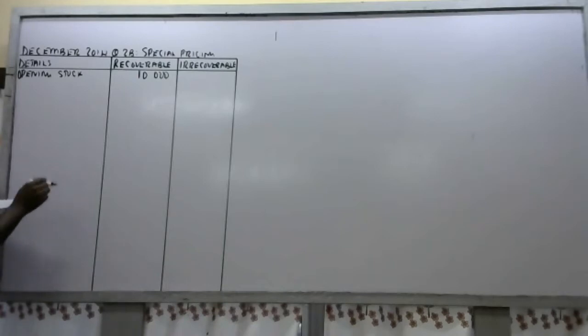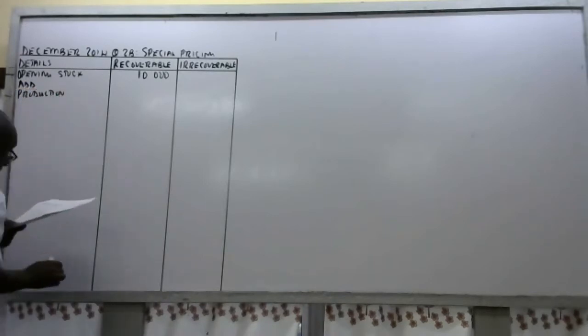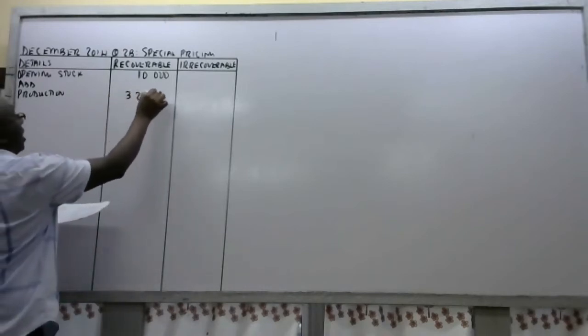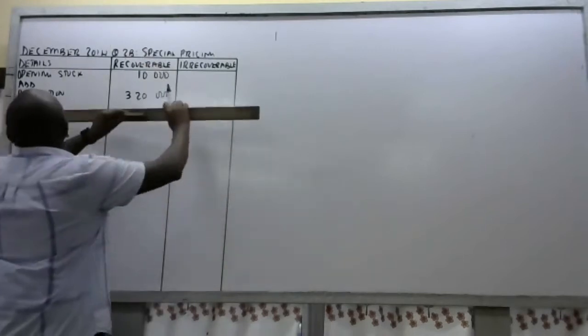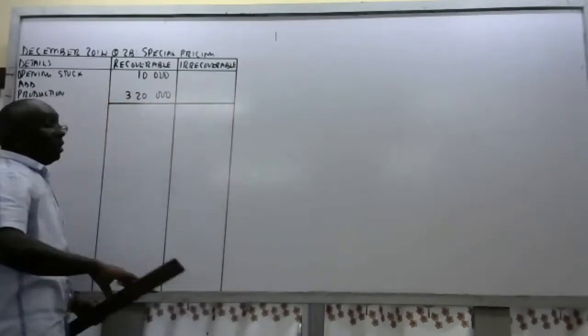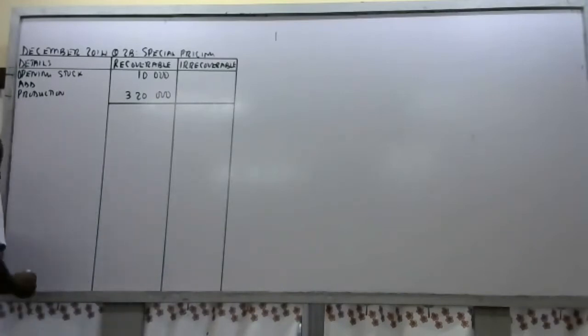Then we add production. According to information 1, production is 320,000. When you add production, you get what we call available for sale.